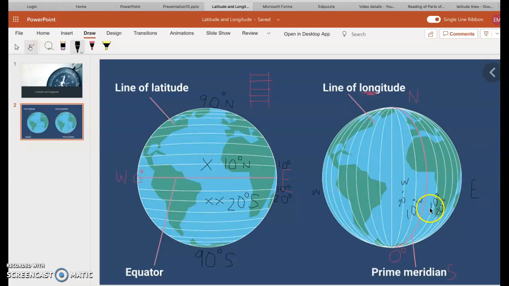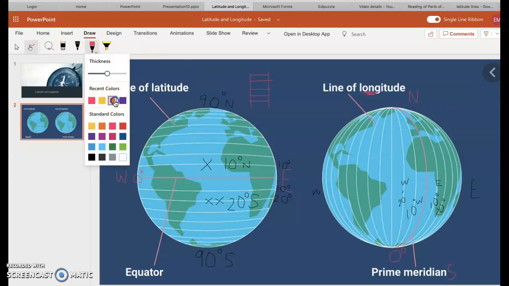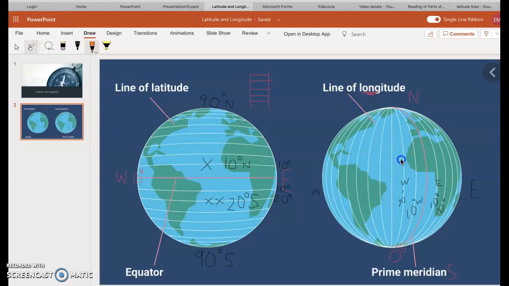Over here, prime meridian, 10 degrees east of the prime meridian, 20 degrees east of the prime meridian, and it keeps jumping by tens. So if I put an X right here on this white line, what would it be? I would be located 20 degrees west of the prime meridian.